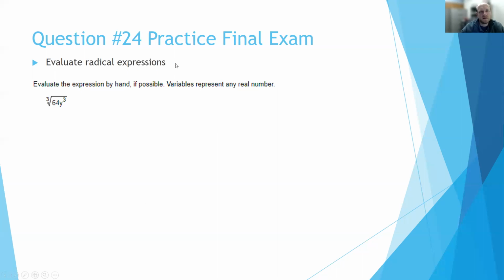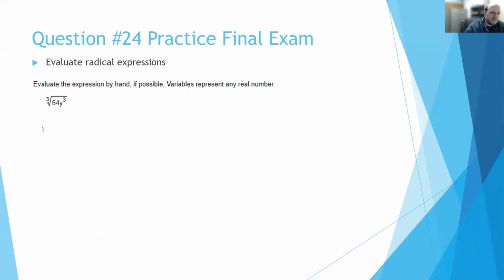Evaluate the expression by hand if possible, and variables represent any real number. So we see here that this is a cube root of 64y cubed. Basically we need 3 of the same things that multiply to give me 64y cubed. We've been through perfect squares, perfect cubes, all that stuff. You can look back in your notes if you need to.